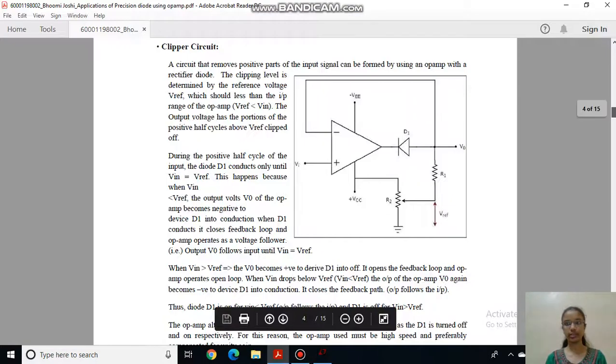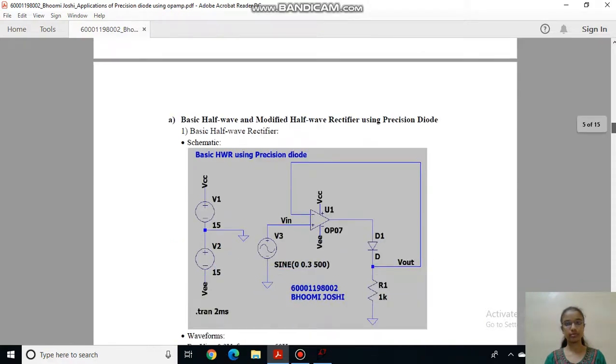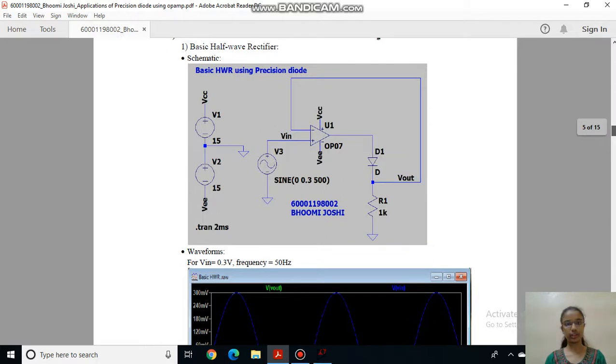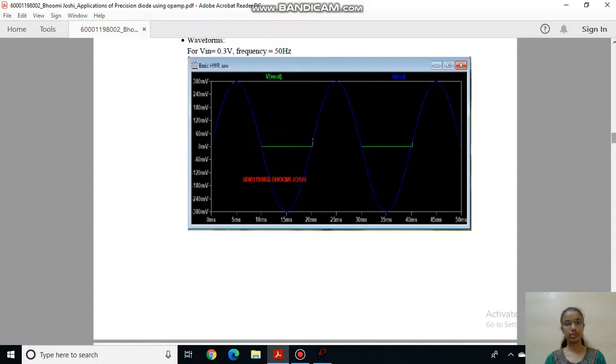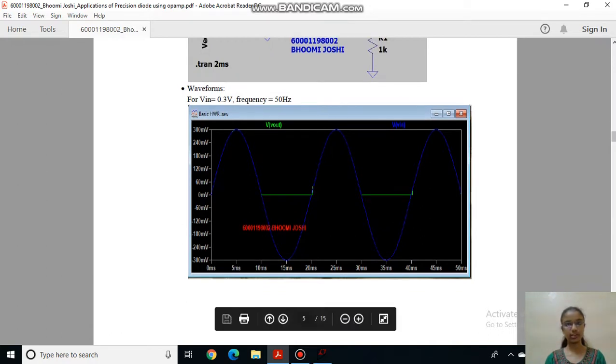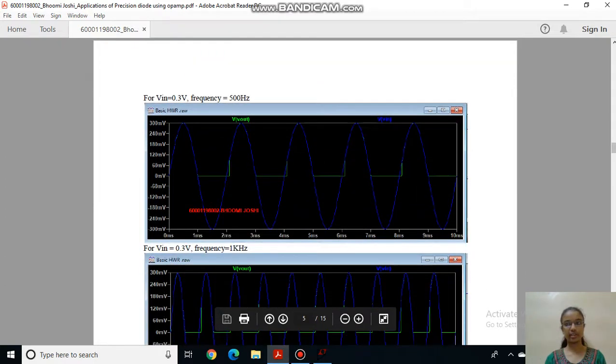I have taken the readings for various frequencies for the half wave rectifier and the modified rectifier also. As you can see, this is the basic half wave rectifier waveform for 50 Hz. This is for 500 Hz.